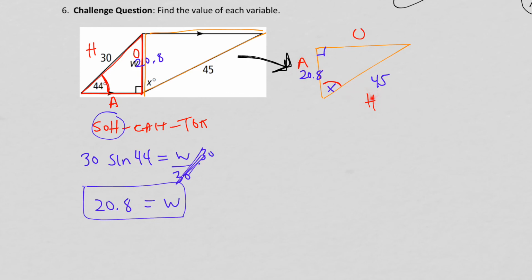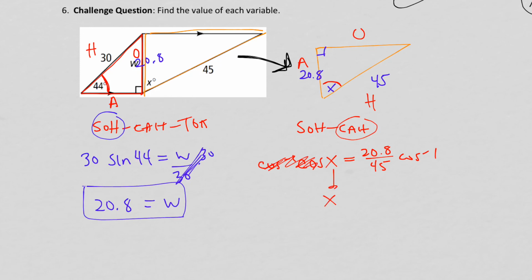So using SOHCAHTOA, AH is going to be cosine. If you see it here, it's cosine. So I can say cosine of my unknown angle is equal to the adjacent side divided by the hypotenuse. And I can multiply both sides by the inverse of cosine to cancel the cosine out there. And I get x.